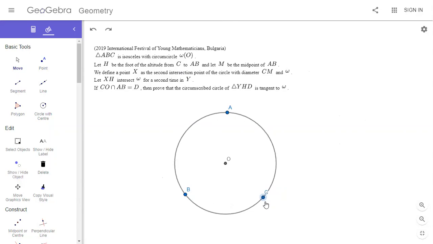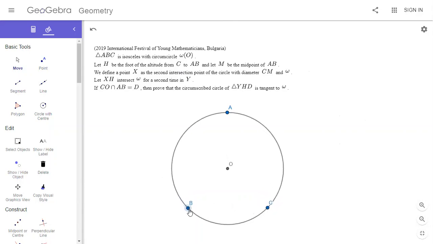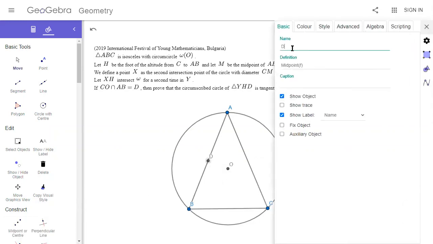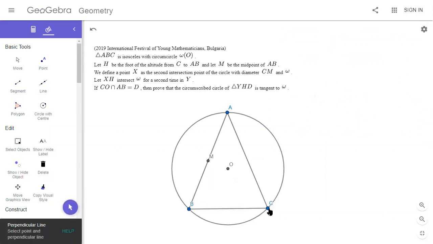So okay, that's interesting. So M is the midpoint of AB. And H is the perpendicular from C to AB.